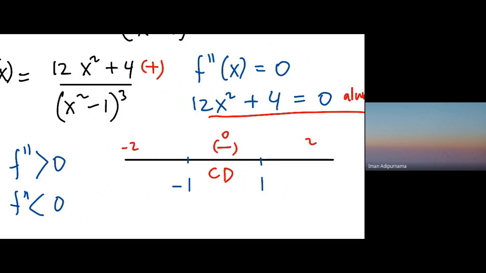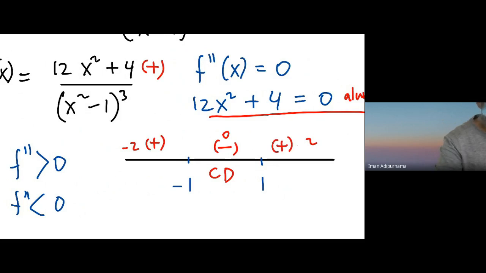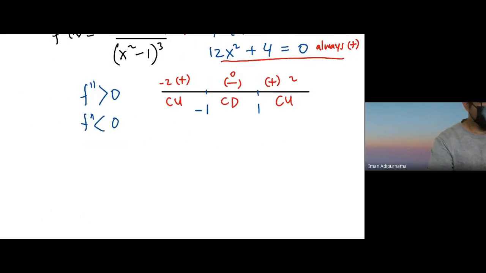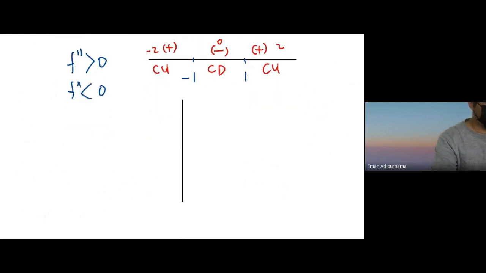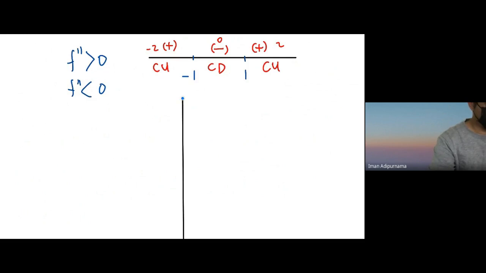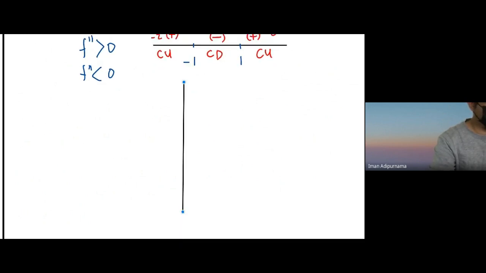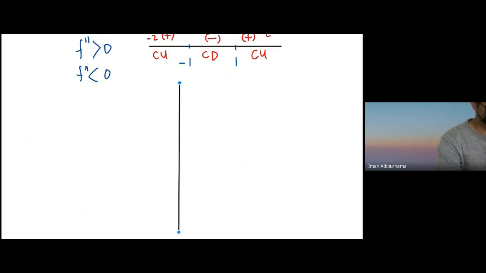We get that these two areas are positive, so this is concave upwards and upwards. And then from all this information, we can at least imagine roughly sketching the graph.